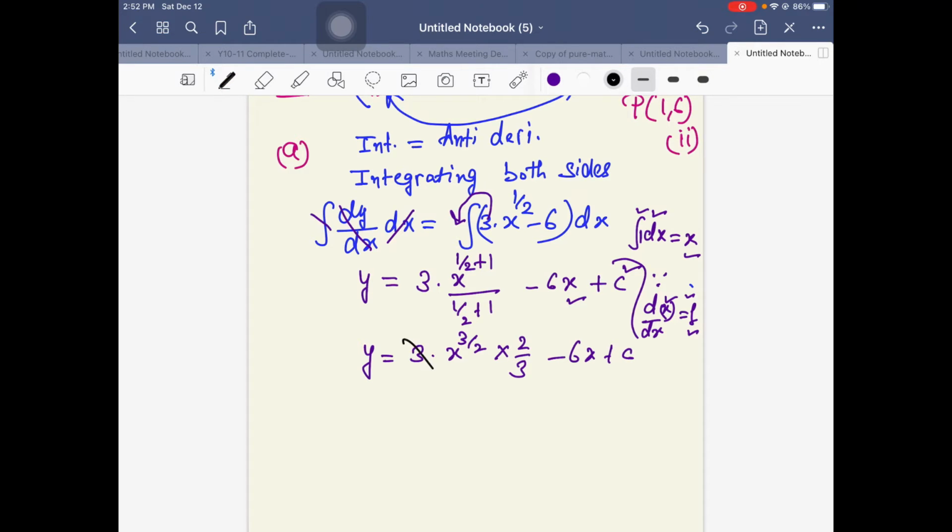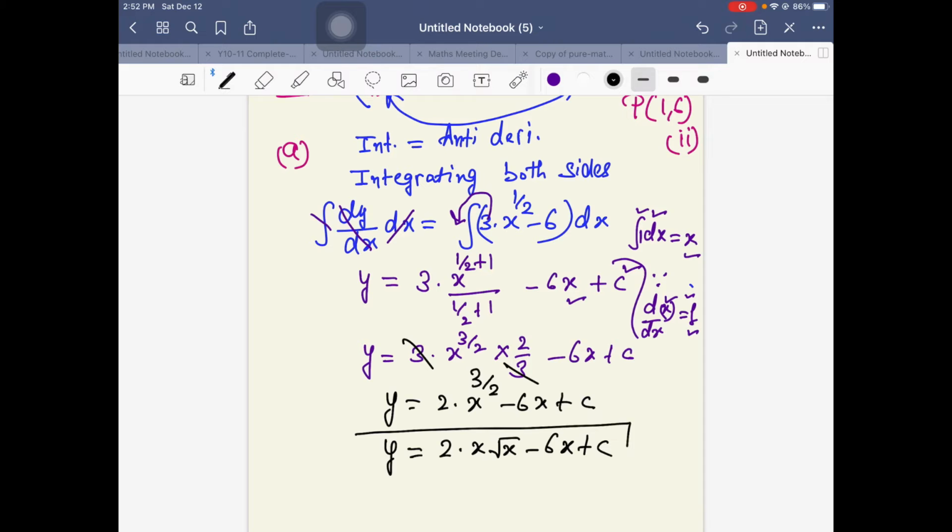So this 3 and this 3 cancel. We're left with y equal 2 times x power 3/2 minus 6x plus c, or for simplification, y equal 2 times x into root x minus 6x plus c. So this is the equation, but we still have a constant to get rid of.